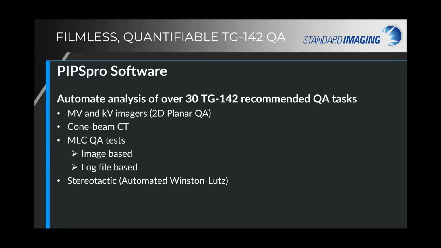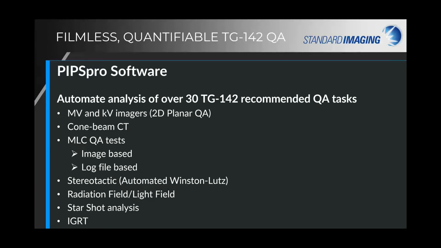So basically, it'll give you your 3D couch shifts for your stereotactic accuracies, and I'll touch on that also. Radiation light field coincidence test also. Starshot analysis for gantry, collimator, and couch. And then we also have an IGRT, kind of a trending package within the system as well.